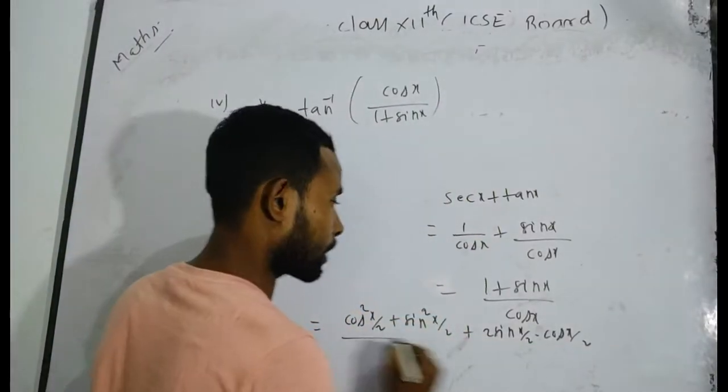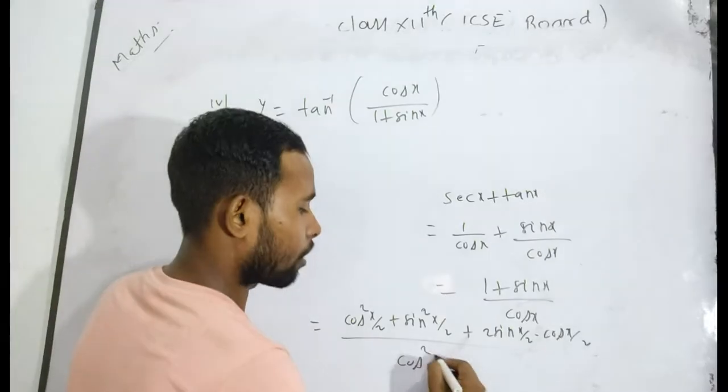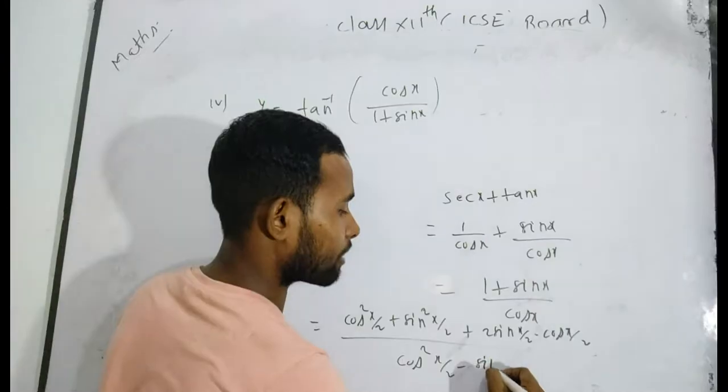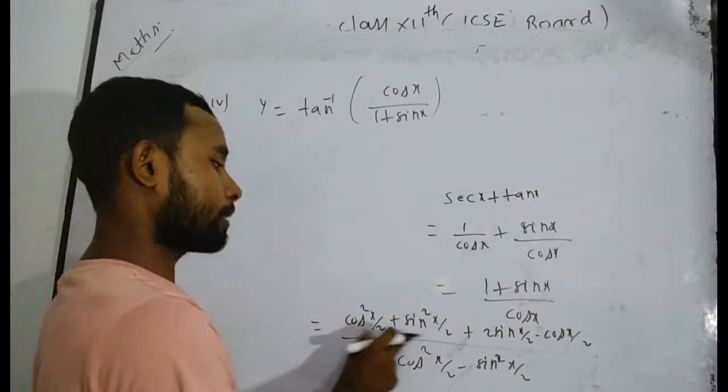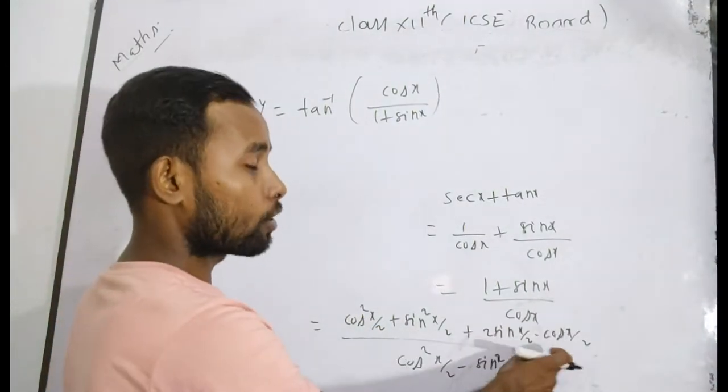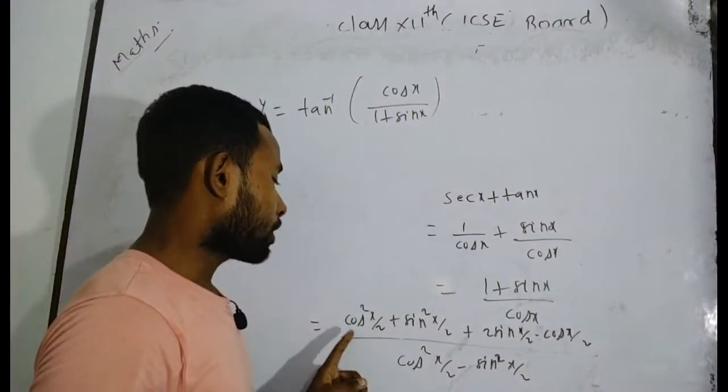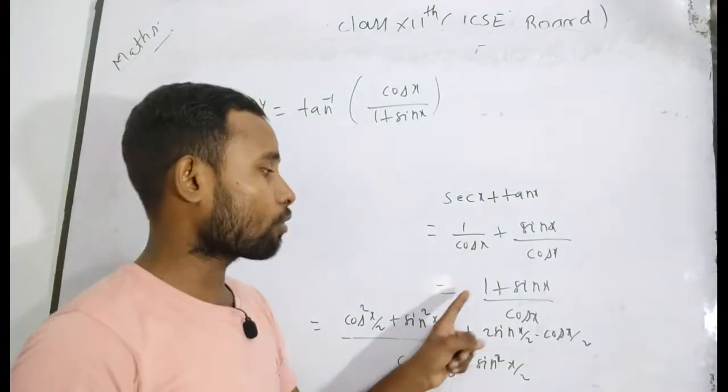And in the denominator, you can easily write cos square x by 2 minus sin square x by 2. Simply a plus b whole square, that means cos square x by 2 plus sin square x by 2 plus 2 into sin x by 2 into cos x by 2. Here cos square x by 2 plus sin square x by 2 is equal to 1.